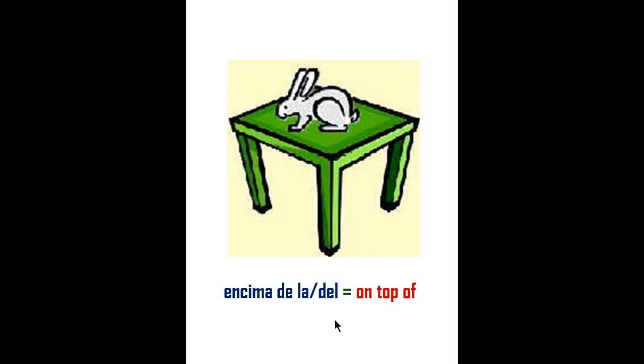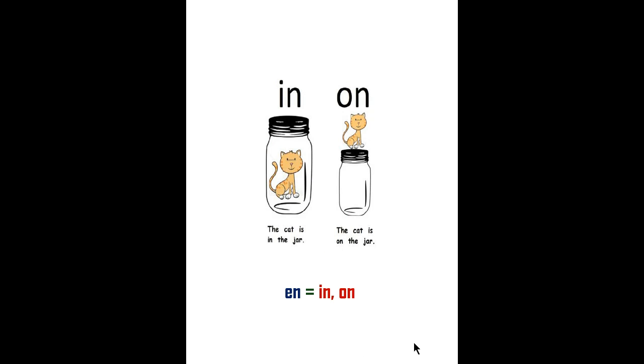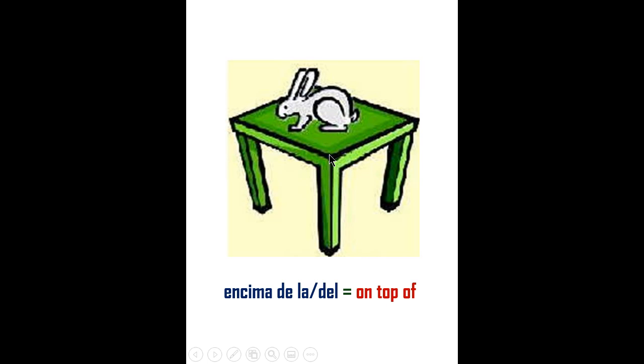And in this case, it is, because the word mesa, la mesa is feminine, so I would say el conejo, the rabbit, está, a form of the verb estar, to be, encima de la mesa, encima de la mesa.